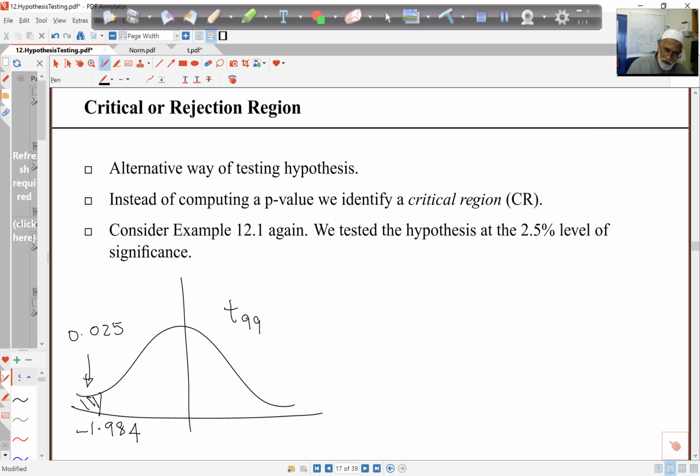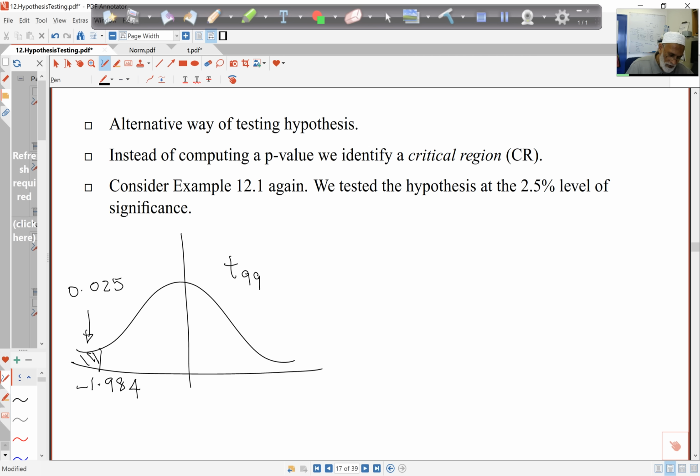Now, my actual observed value was negative 1.03.